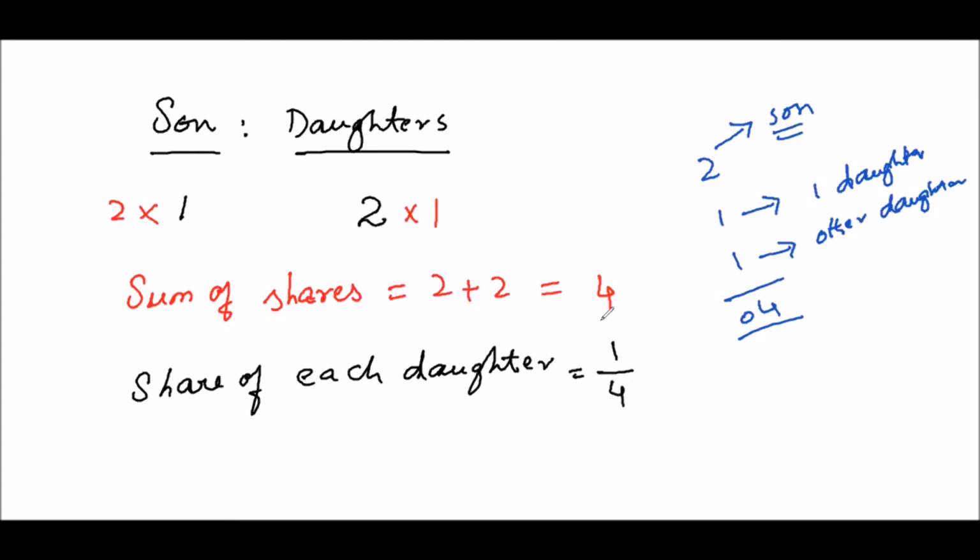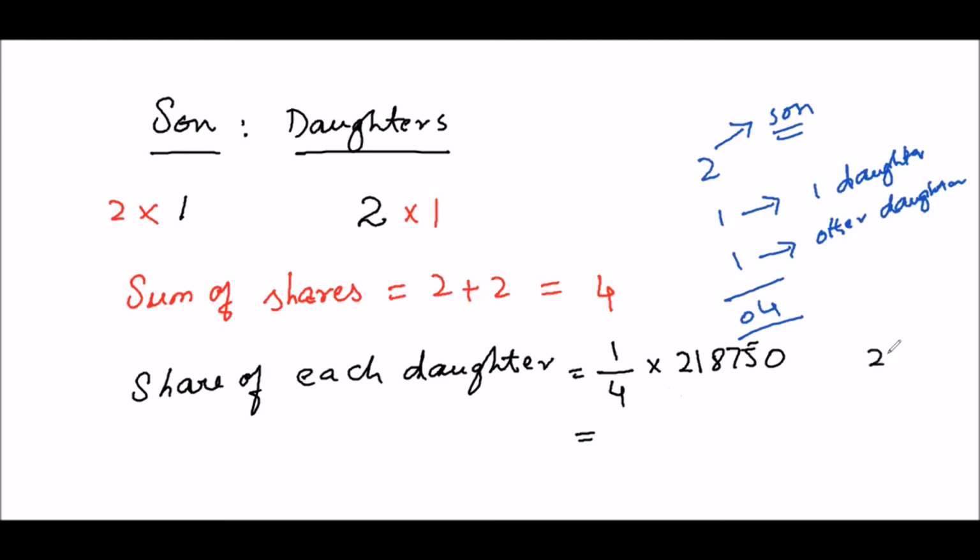Total, the sum of shares is 4 and her share is 1 out of 4, and we will multiply it with the total amount remaining after giving share of widow. This was widow's share, and after giving widow's share, this amount was remaining. So we will calculate its fourth part.